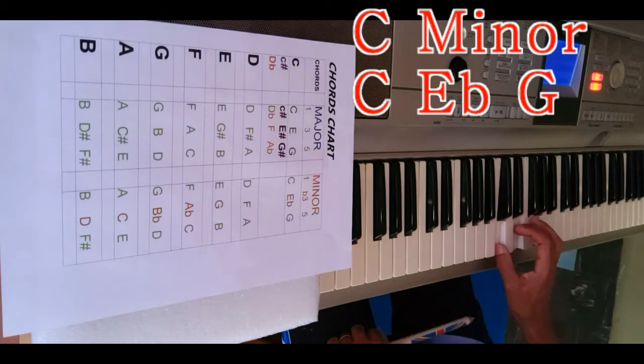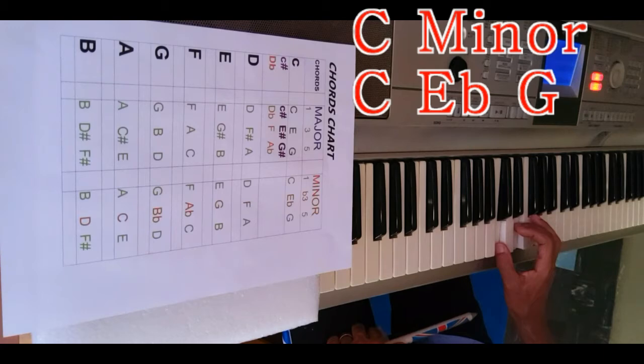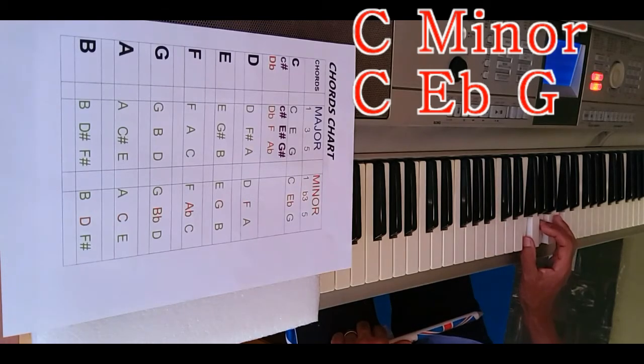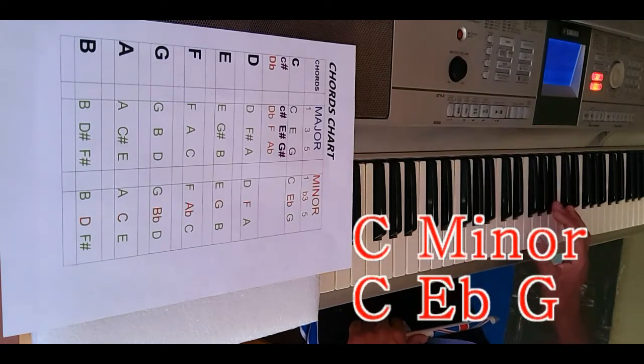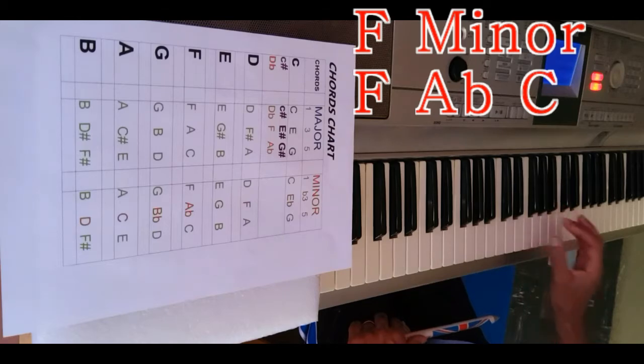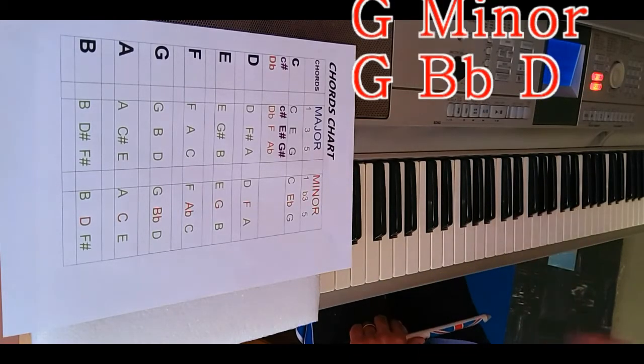When you have learned this by heart, the F chord, the G chord, it's easy to find a C minor chord. For example, you have learned this F major by heart. Now you derive F minor, and so on. This is my G minor.